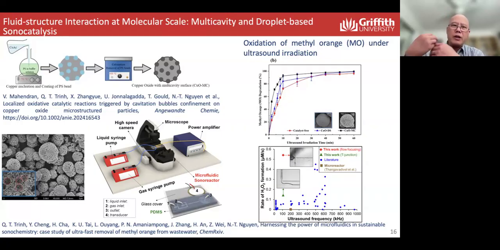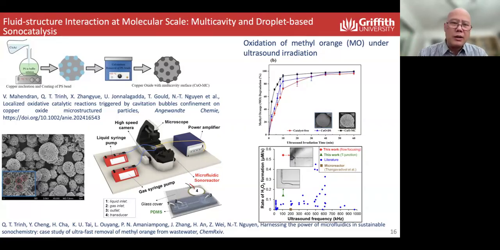So all we need is to create small air bubbles and induce cavitation in these air bubbles. Excite them with high frequency, and bubble collapse will create high pressure and high temperature that allows chemical reaction to happen. And that's called sonocatalysis.